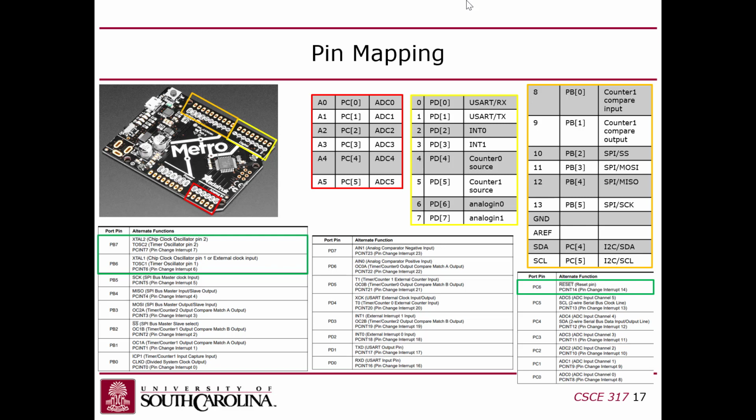So are the SDA and SCL pins also actually the same as A4 and A5? Those are PC4 and 5, and then PC4 and 5 are also over in the red section. Oh, did I screw that up?